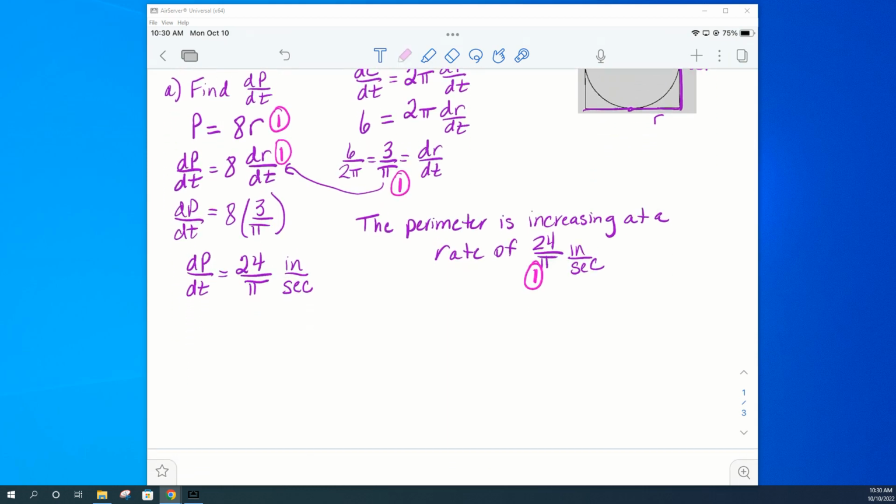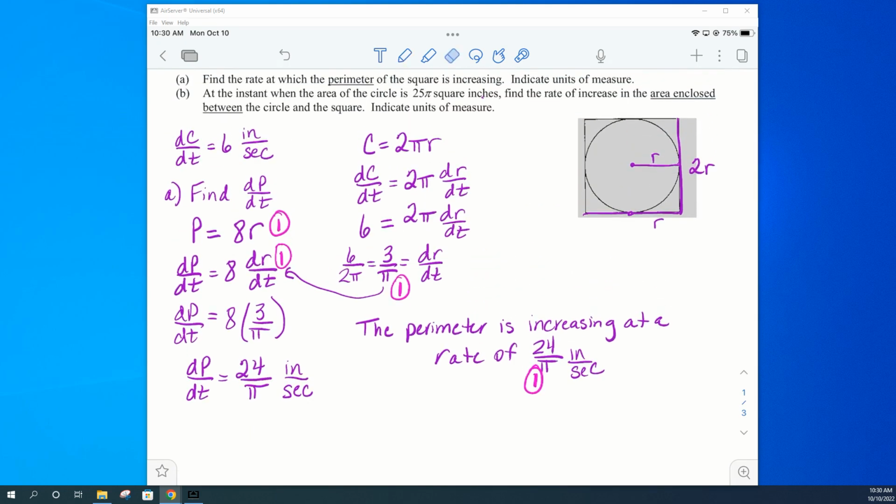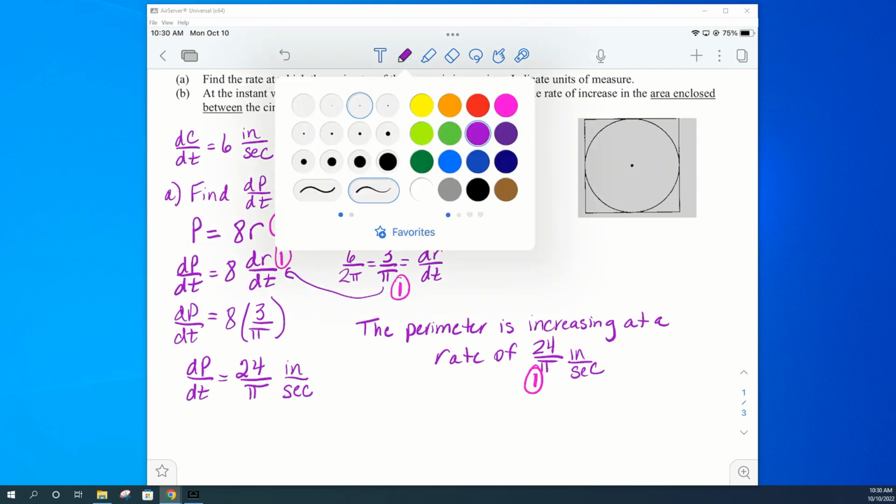Now, the next question says, at the instant when the area of the circle is 25 pi square inches, find the rate of increase in the area enclosed between the circle and the square. So let me think about what they're talking about. Let me kind of erase this and see what they mean.